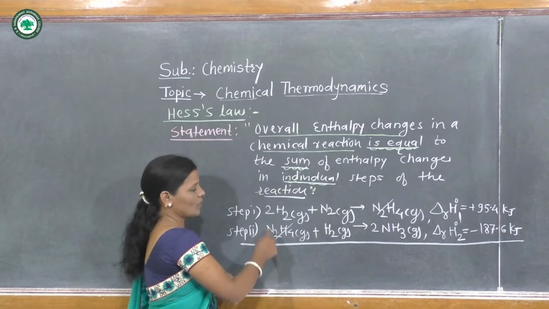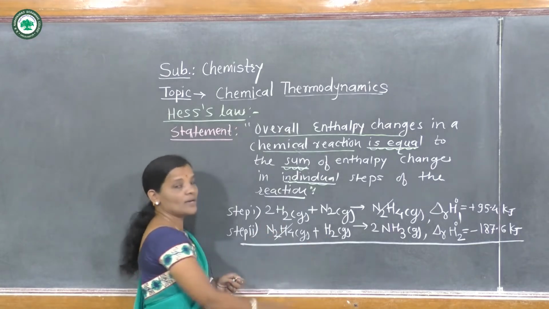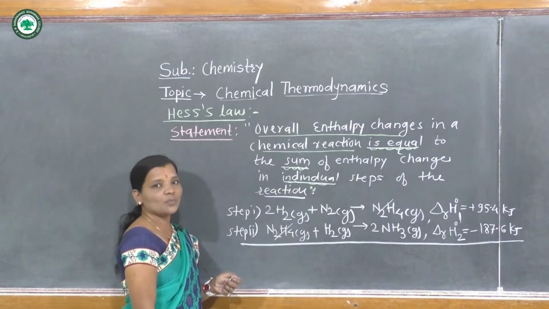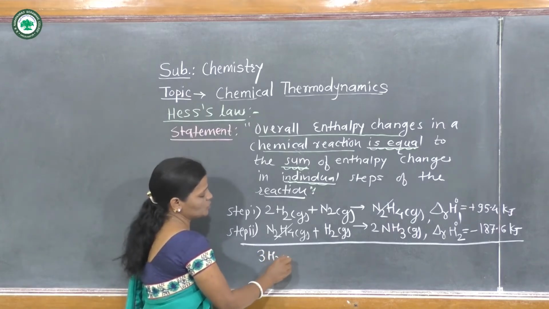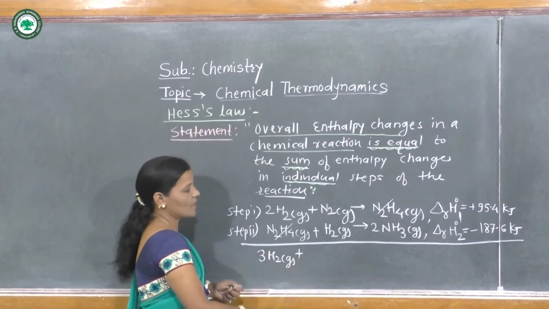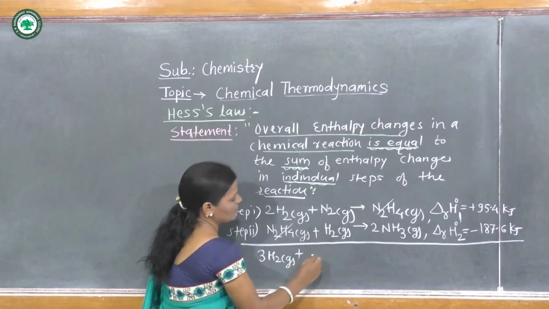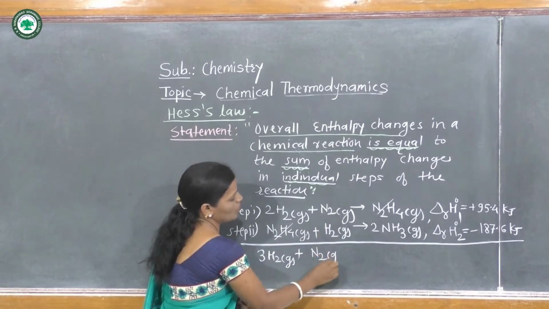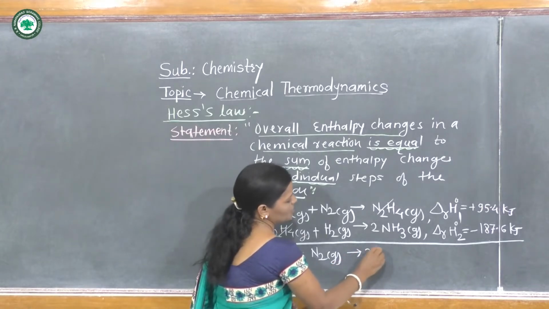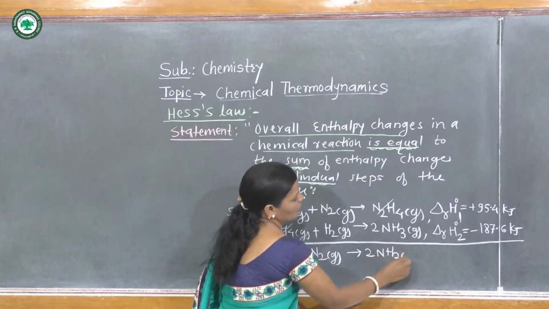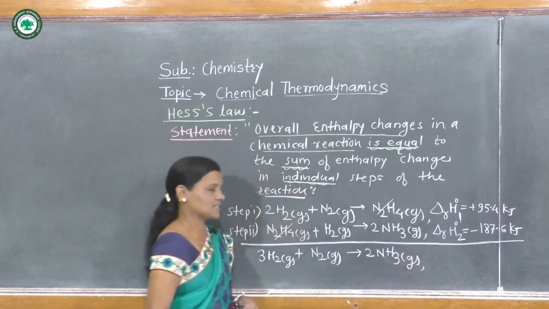Twice H2 gas and 1 H2 gas, 2 plus 1 gives 3 moles of H2 gas that combines with 1 mole of N2 gas, and we get formation of 2 moles of ammonia gas.